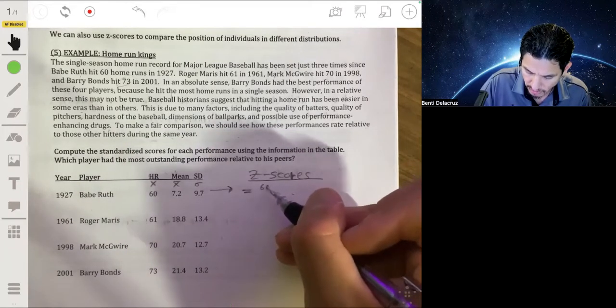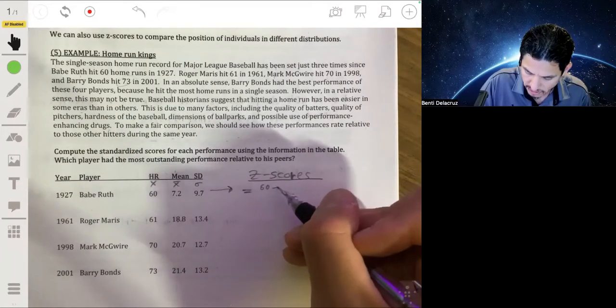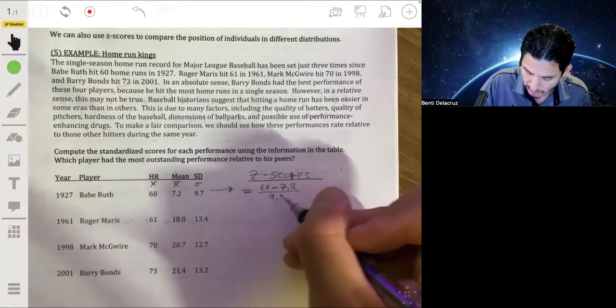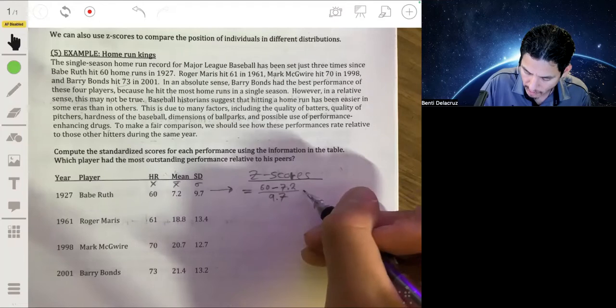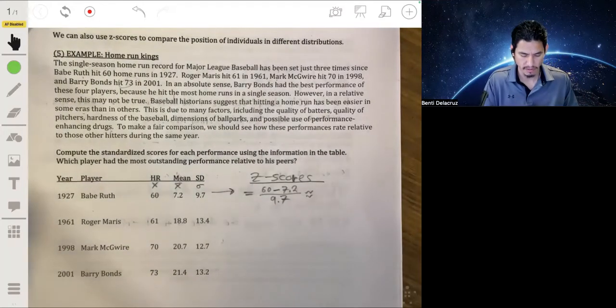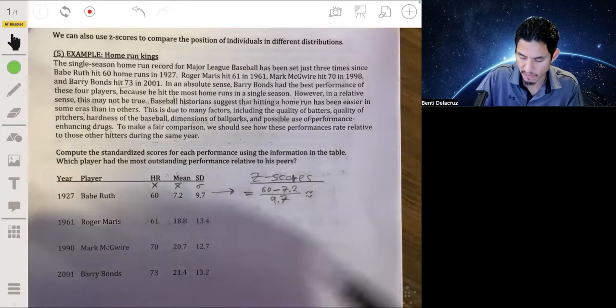Wow, that's way above. 60 minus 7.2 over 9.7. 60 minus 7.2 divided by 9.7, we'll get about 5.44.